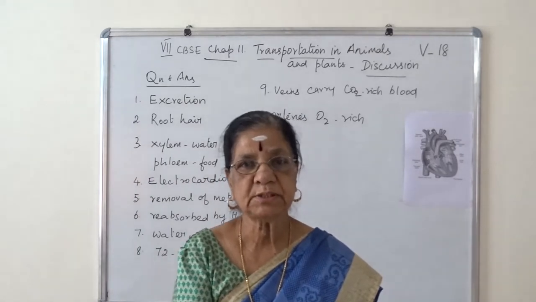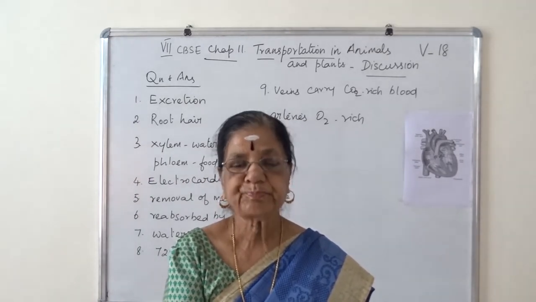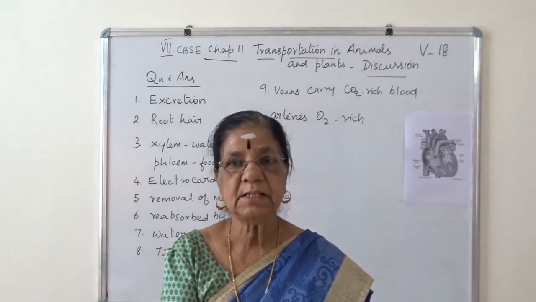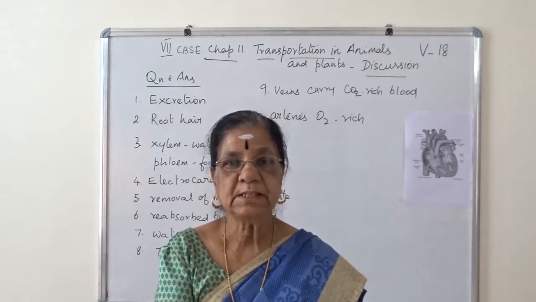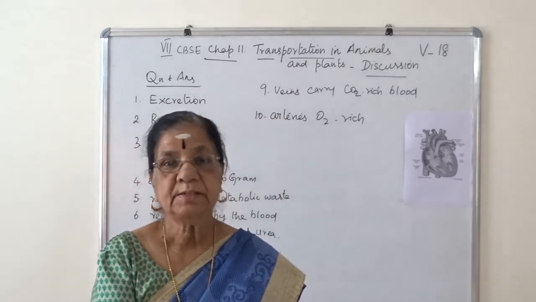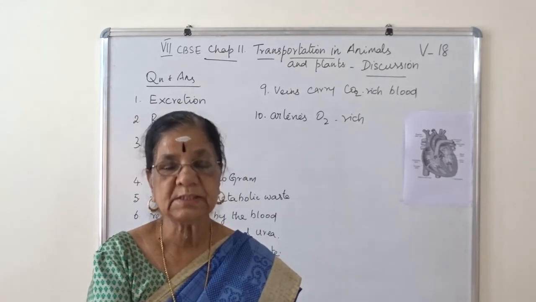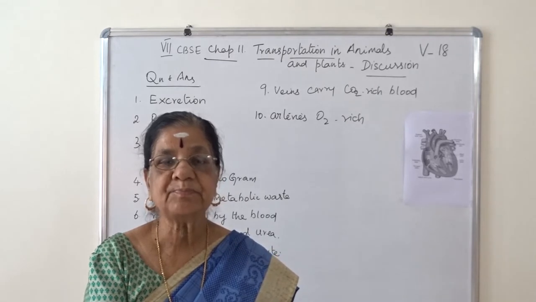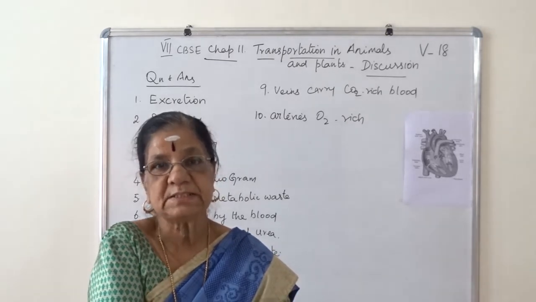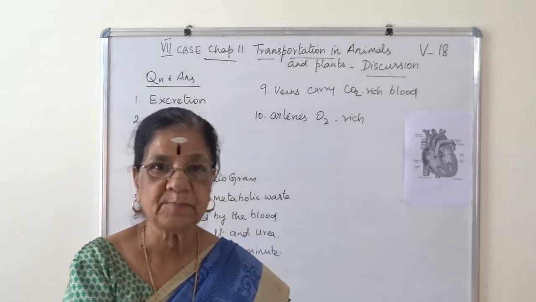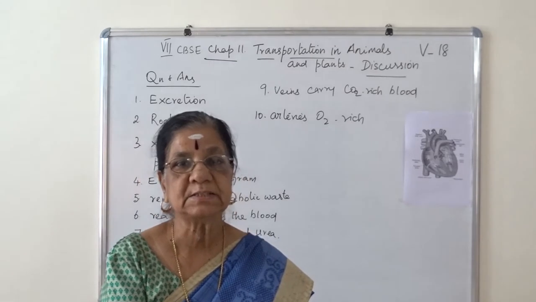What is transported? We have physiology as the study of structure and functioning of our internal organs. And these internal organs, we are learning as different systems. We are in 7th standard. First we learned the digestive system, second the respiratory system, and third we are learning now, the circulatory system and excretory system.